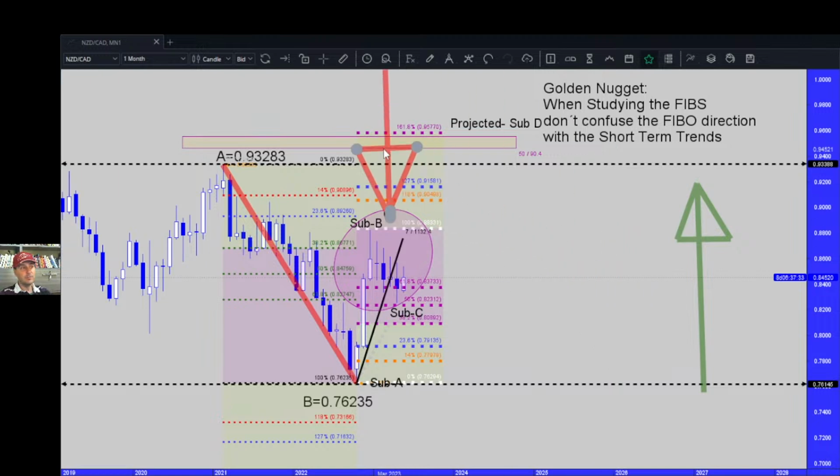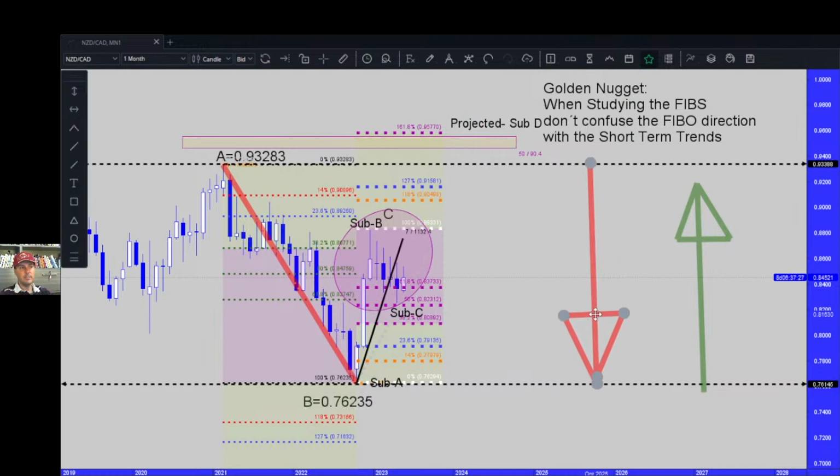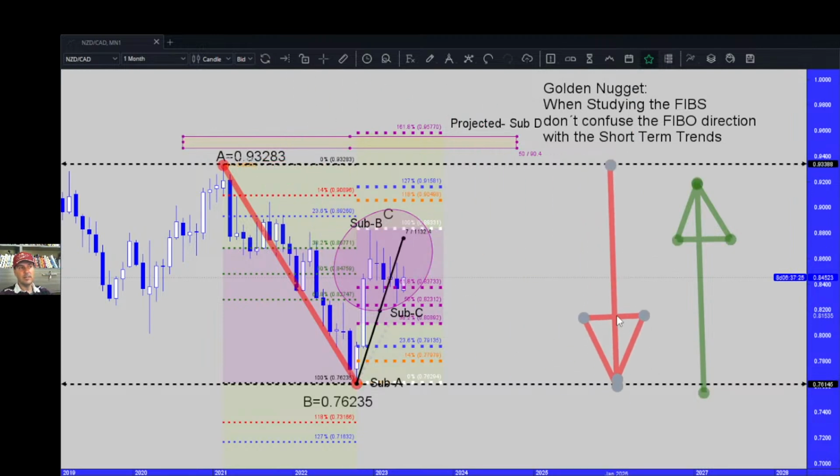This is not Fibonacci's fault, everybody. Make sense? Just because the Fibonacci is pushing down on the bigger picture doesn't mean that it's going to just make lower lows, lower highs.